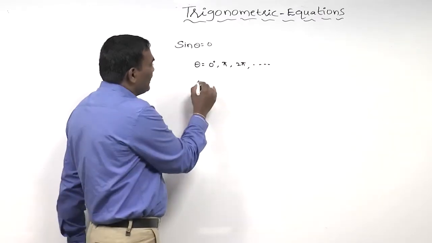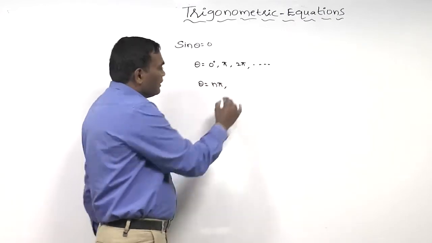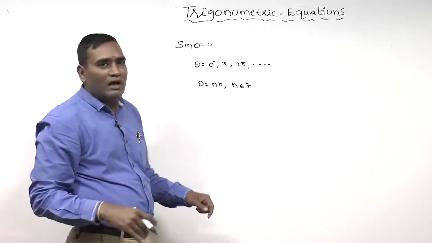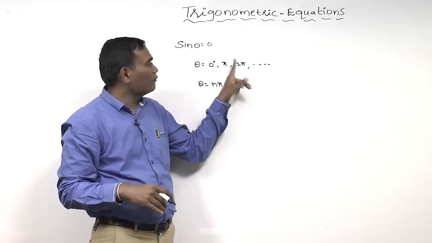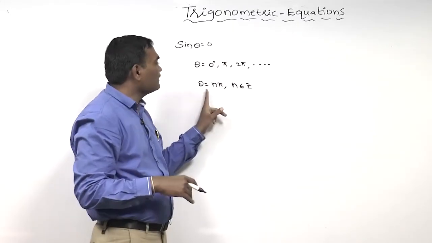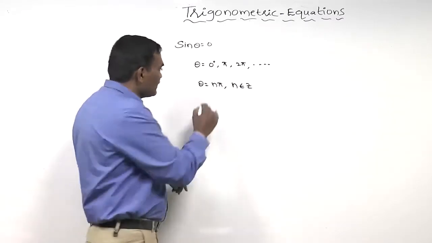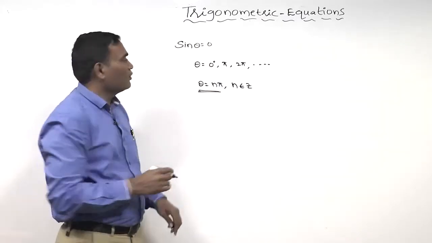Generalizing this, theta is equal to n pi, where n belongs to Z. That may be positive or negative, because theta equal to minus 180 is also 0, and minus 360 is also 0. That's why we write theta is equal to n pi, n belongs to Z. This is called the general solution for sin theta is equal to 0.